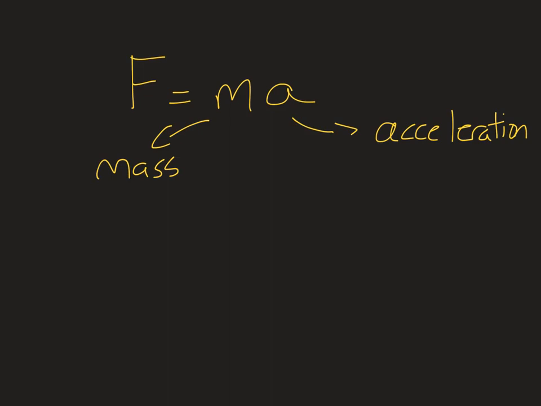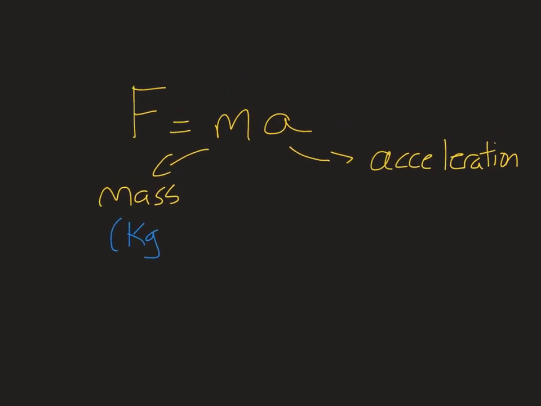The second thing we want to talk about is what forces are actually measured in. And to figure that out, what we're going to do is take a look at our formula. So our formula, again, is F equals ma. For F equals ma, remember that mass in physics, we've always measured in kilograms. And acceleration is always measured in meters per second squared.